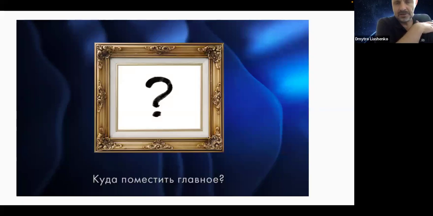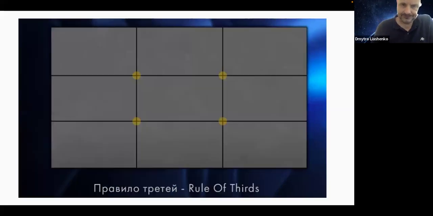One more question: where should we put the main object in our graphic? The rule of thirds is one of the most common in photograph, in graphic, in representation.